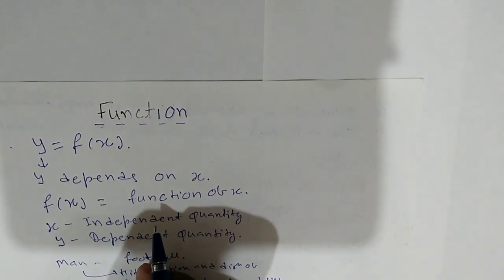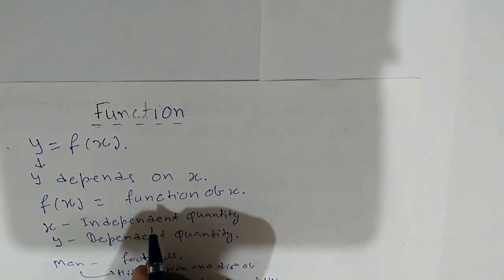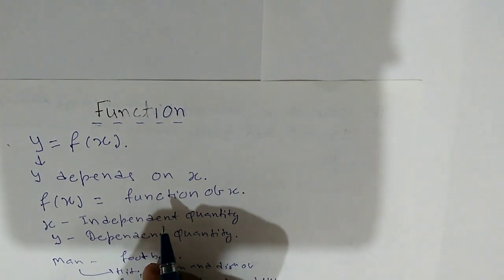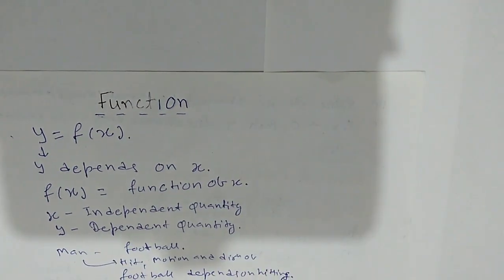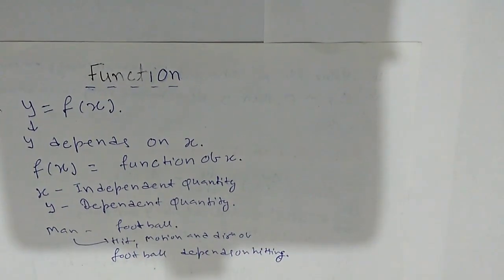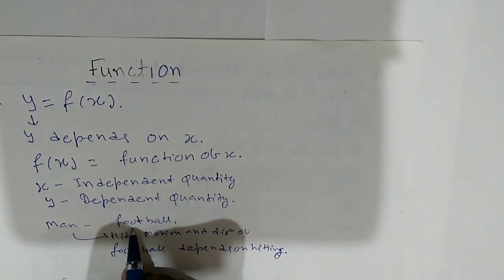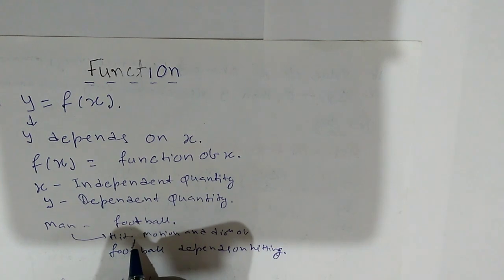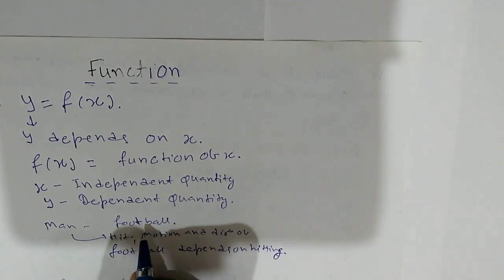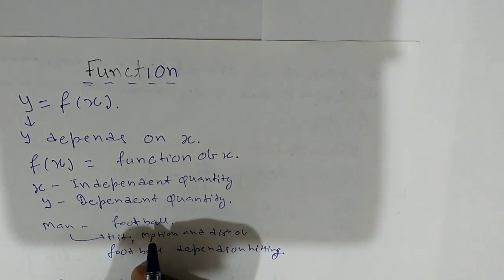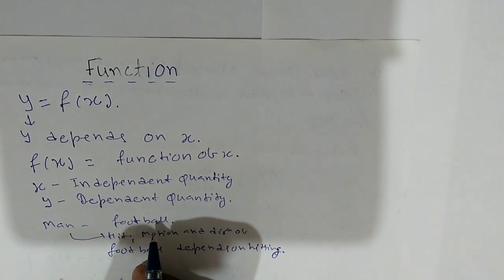Now take an example from the living world, such as a football match. In this case, a footballer hits the football. The direction and motion of the football depend on the hitter.